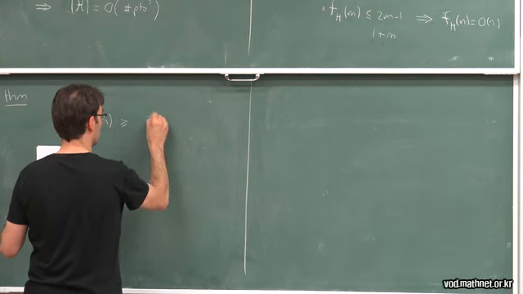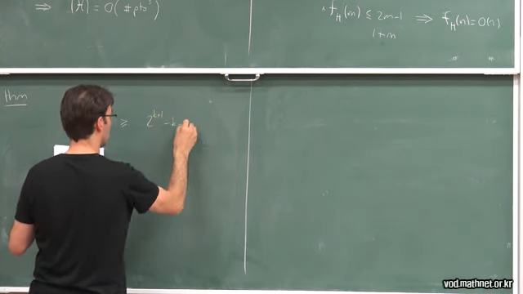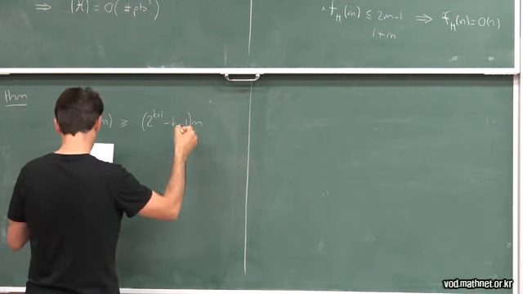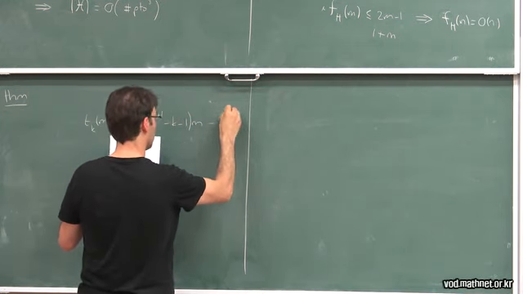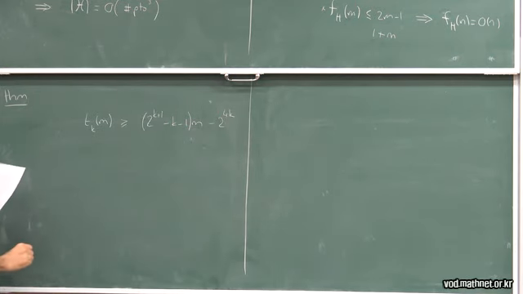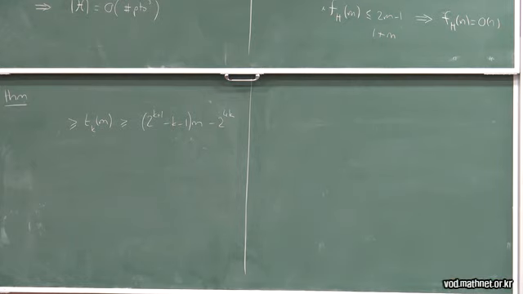We get 2 to the k plus 1 minus k minus 1 times m, and then there is some additive noise, which is noisy, but still it's additive. And so this improves this lower bound by roughly a factor of 2.